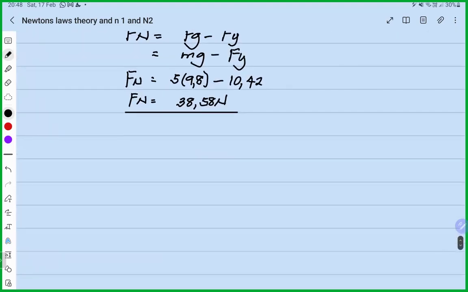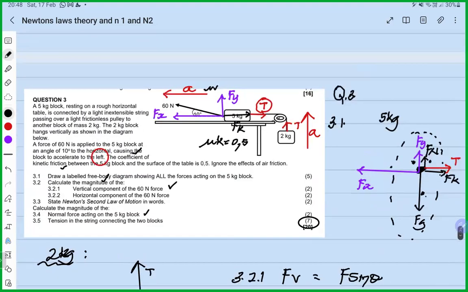So 3.5, I would start off with the kinetic frictional force, because that's the reason why they asked us to find the normal there. So your kinetic frictional force, and this is for the 5 kilogram, by the way. We're not going to put in any direction for it. We're just going to work out the magnitude. The coefficient of kinetic friction is 0.5.